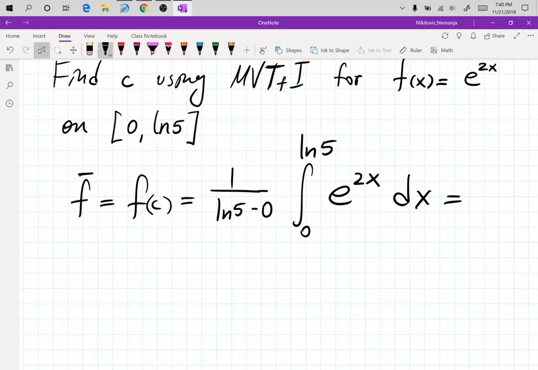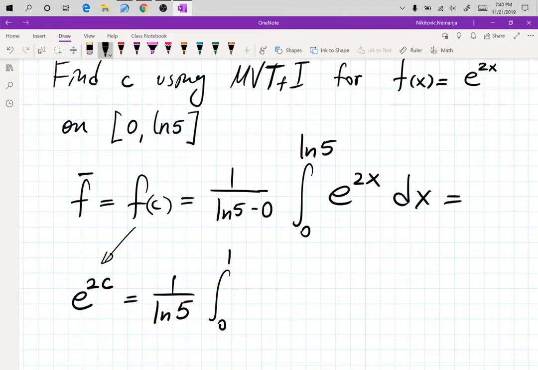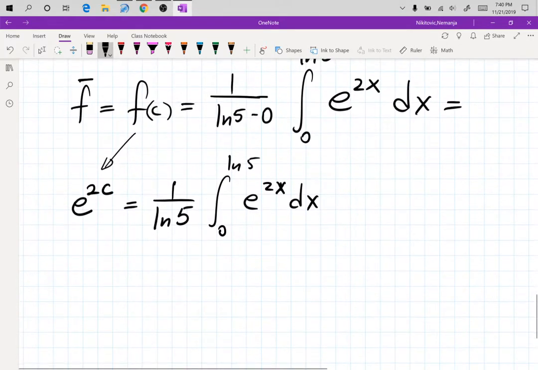So f of c, e to the 2c, is equal to 1 over ln 5 integral of e to the 2x. Well, let's just write one more time and then we'll do the integral. So this is an equation and the only unknown is the c.